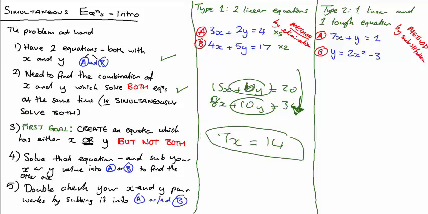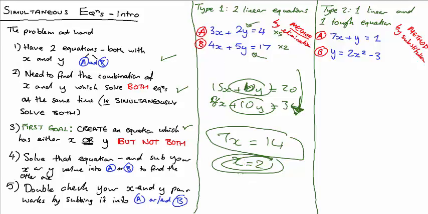That's important. That's the next goal. Then I use this, pretty simple here. You solve that equation to get your first x. And then you've got your x. What you do is you take this x equals 2, and then you can sub it either into this one or this one.